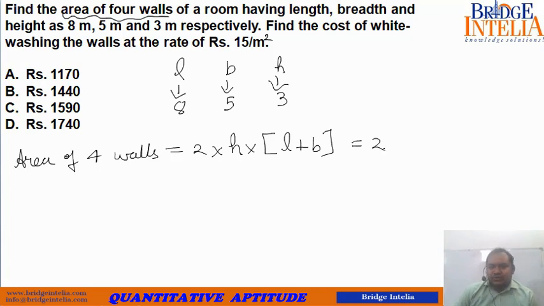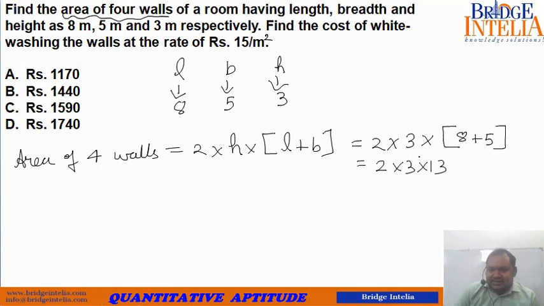This is equal to 2 into height, which is 3, into length plus breadth, 8 plus 5. So 2 into 3 into 13. 3 into 2 is 6. So 6 into 13 is 78. So 78 is the area of the 4 walls.